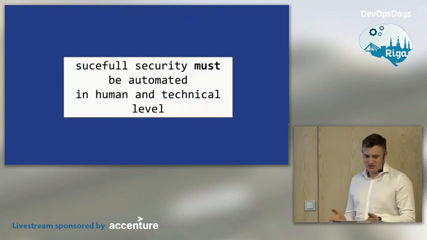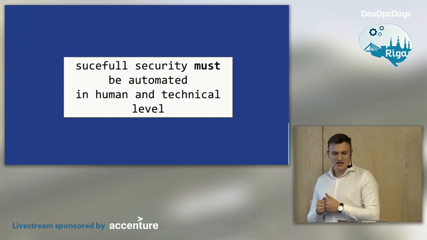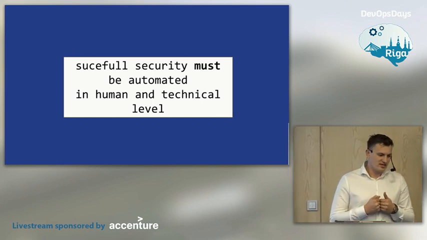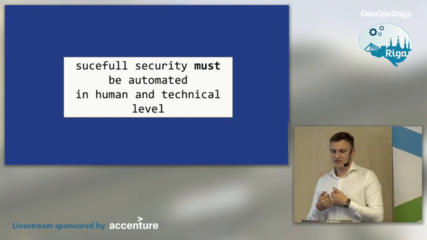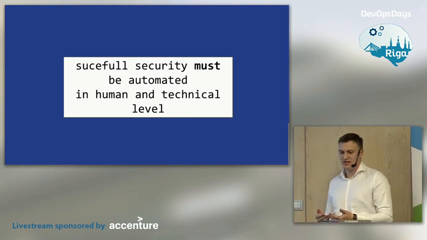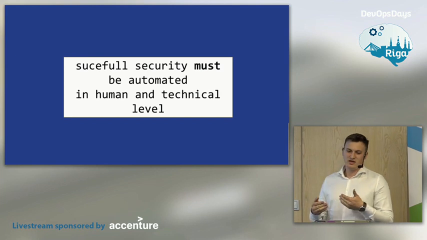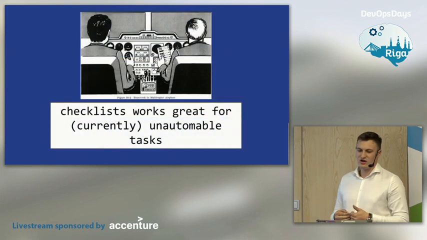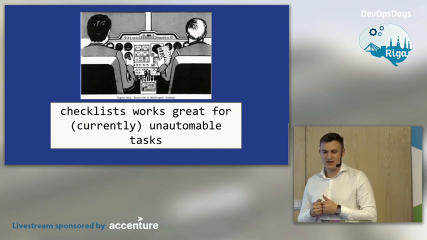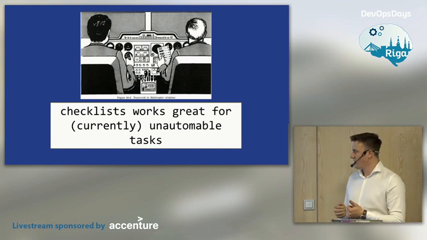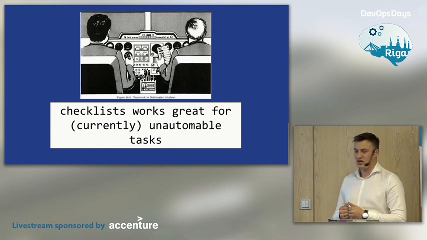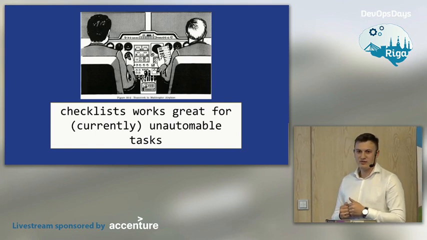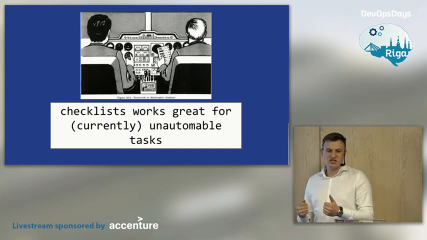And the next thing is that security has to be automated. It has to be continuous. It has to be automated in the human and technical layers. In the human layer, for tasks that you cannot automate now, you can use checklists like airplane pilots use each day.